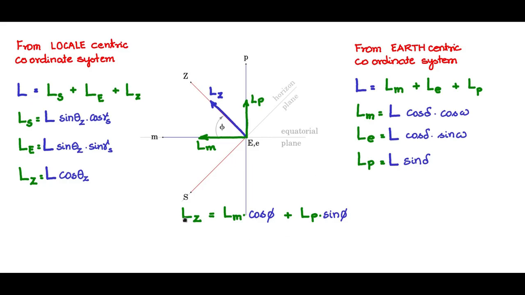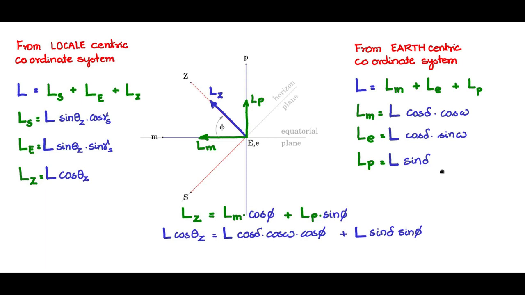Now in each of their respective coordinate systems, we have written down what is LZ and what is LM and LP. So substituting, we find L cos theta Z, this is the zenith angle, equals L cos delta cos omega, which is LM, which we have substituted here, into cos phi, plus LP, which is L sin delta, into sin phi.